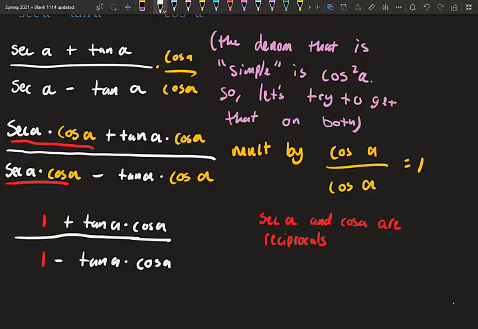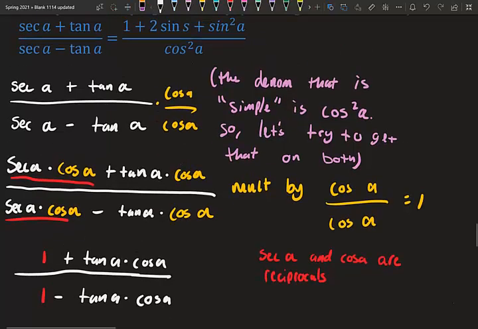So our first step was just to try and get it to match using cosine. Since the easier denominator on the right side is cosine, that's why I multiplied by cosine. From here, we're just simplifying from what we know about functions.